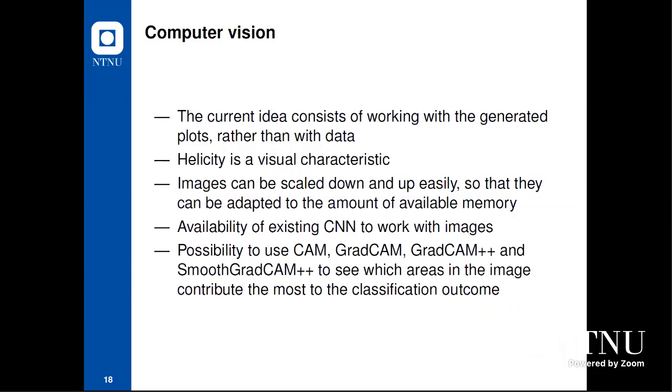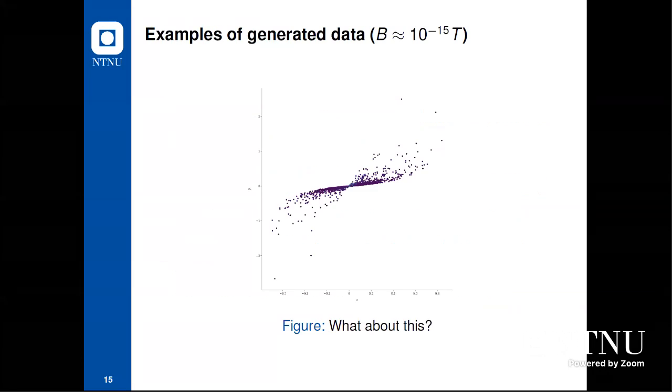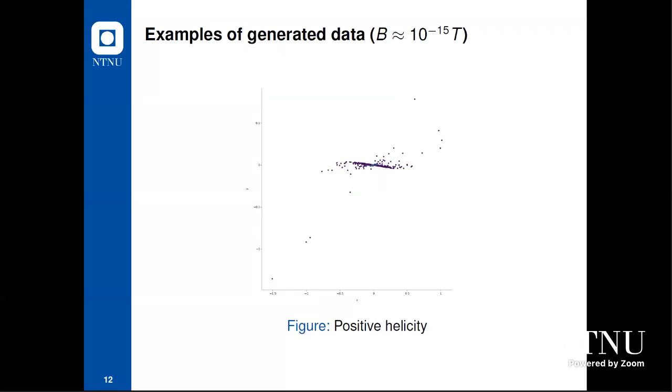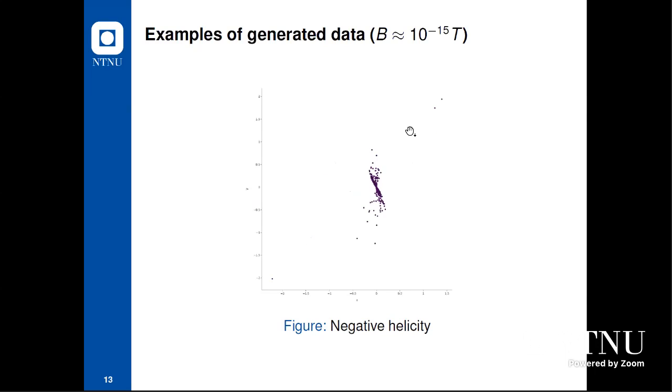For example, if there is a positive helicity, as in this case, then a CAM will highlight, as a sort of heat map, and focus on this area and this area, because those are the ones that allow us to say this is positive helicity. We don't care about this part. I mean, the network shouldn't care about the flat part because it is the same in all the graphs, but it should care about this area and this area. And for the negative helicity, probably in this area and this area.